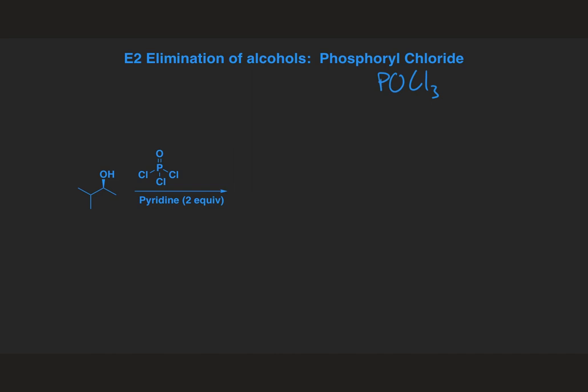If you treat an alcohol with POCl3, the oxygen can donate some electrons to phosphorus, which is going to kick electrons up, and give you an intermediate that looks like this.